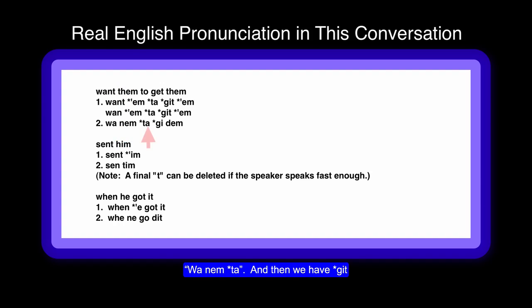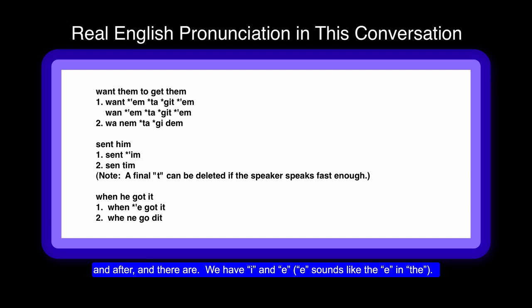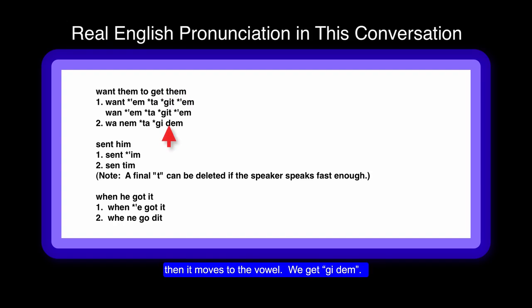Okay, ta, and then we have "get 'em." This is a T. We want to know if it's surrounded by vowel sounds. If there are vowel sounds before and after, and there are, we have the E and the 'em surrounding the T. So the T changes to a D, and then it moves to the vowel. Okay, we get "get 'em." So number 2, the real pronunciation of "want them to get them" is "want 'em to get 'em." I want 'em to get 'em.